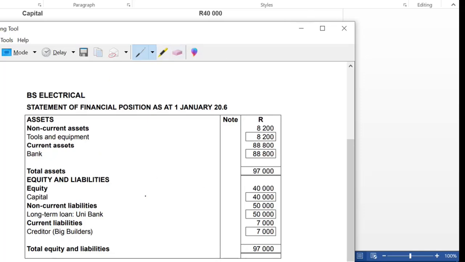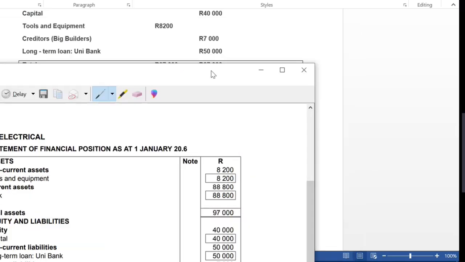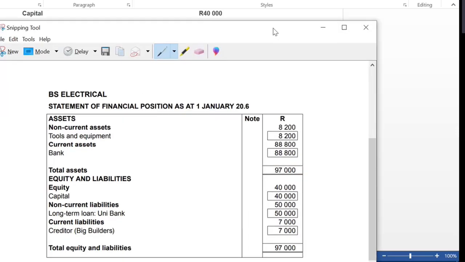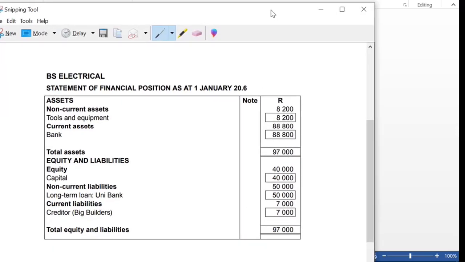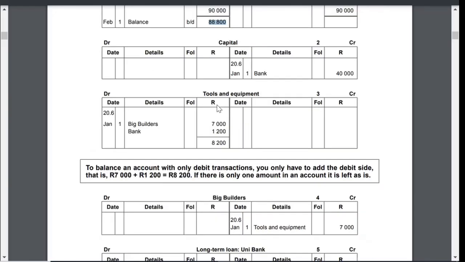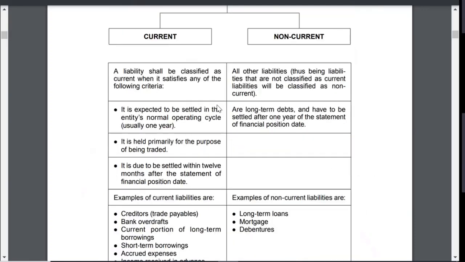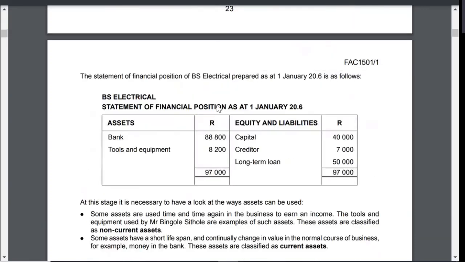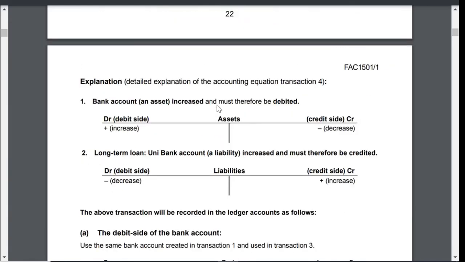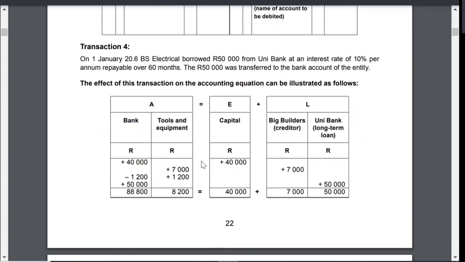So your assets must always equal your equity and liabilities, which is the accounting equation. At the present moment, this is it.